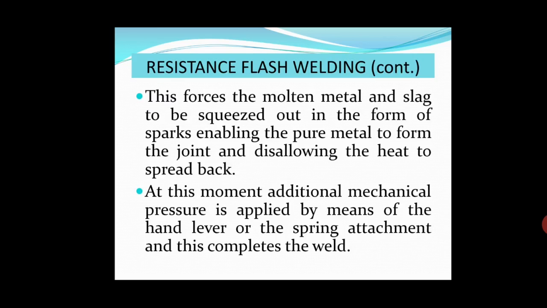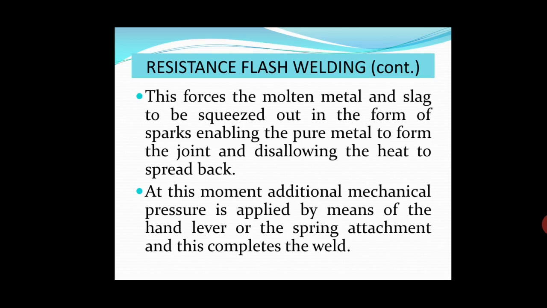So due to this mechanical force, the molten metal and slag is squeezed out in the form of sparks, which is known as flash. So this welding is known as resistance flash welding.